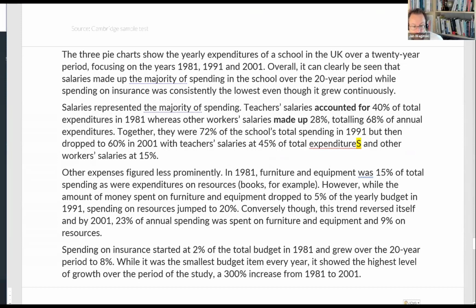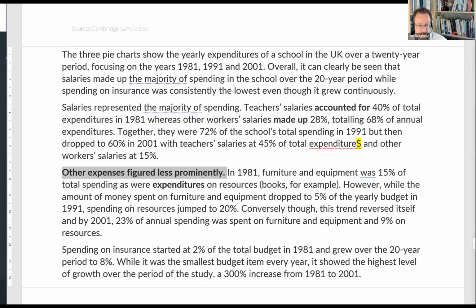Yep, expenditures. You can memorize this phrase to introduce, this can be useful anywhere where you're introducing not the most prominent feature of a graph, but a lesser feature. Exactly as this author has done, other expenses figured less prominently.